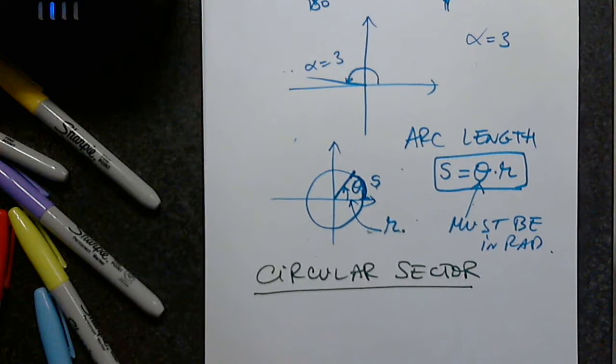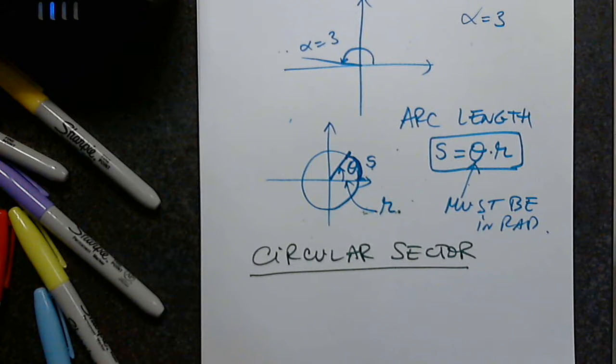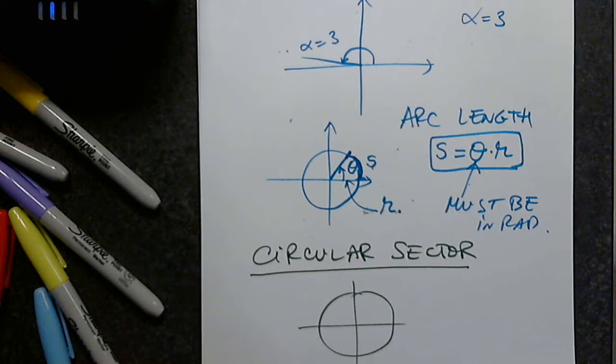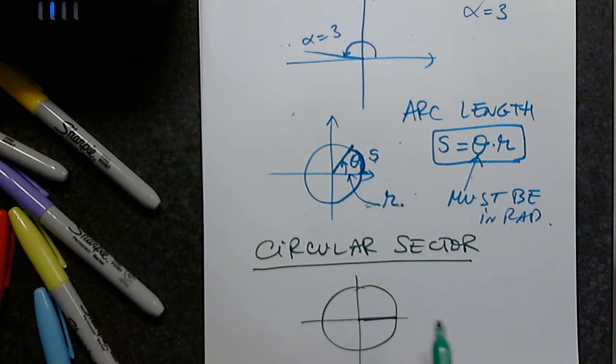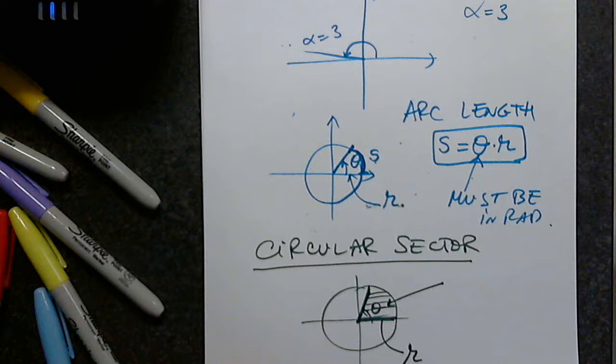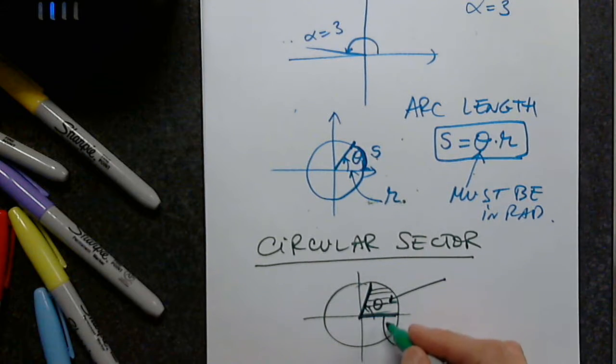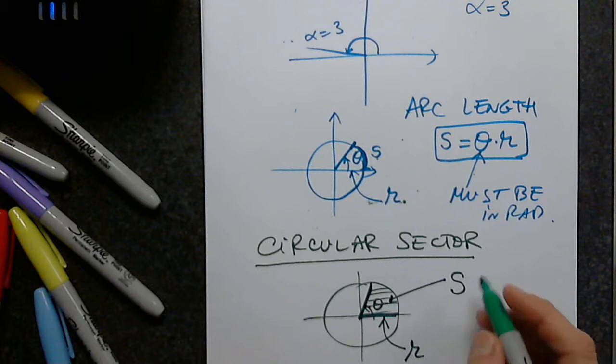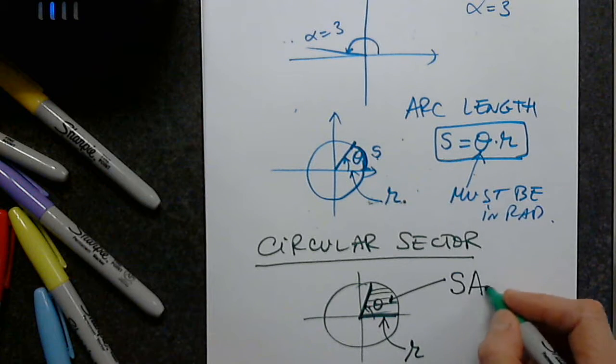In the circular sector, let's go back. Let's say I have this angle. It doesn't have to be in standard position. So let's say I have this angle, and it's theta. And I want to determine this area. The radius is r. I didn't mean to write s. I'm going to delete it. I meant to write a. Sorry.